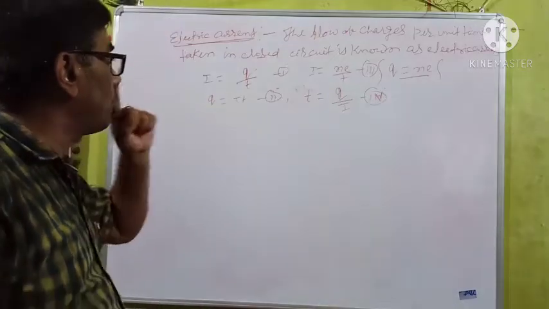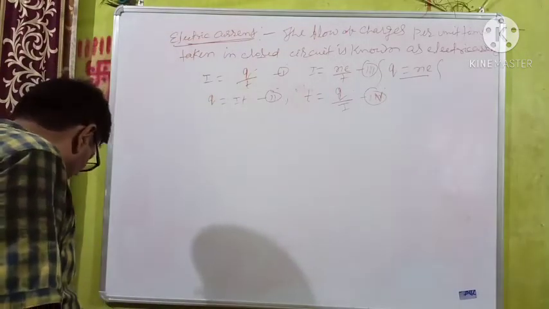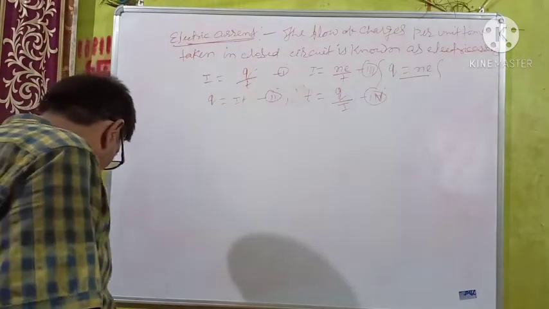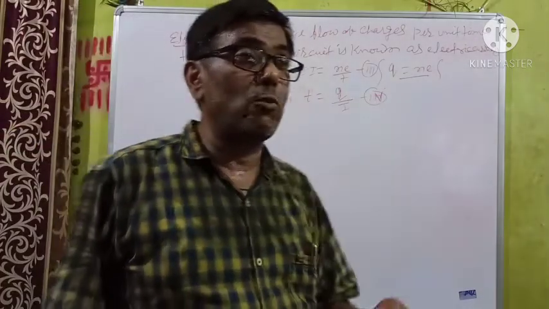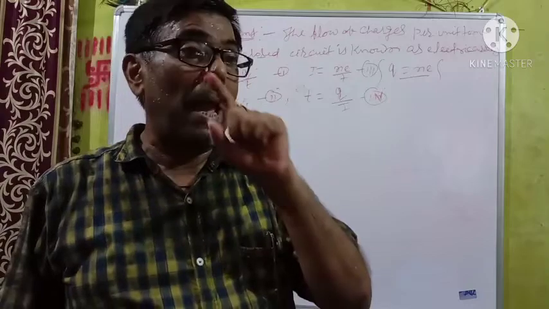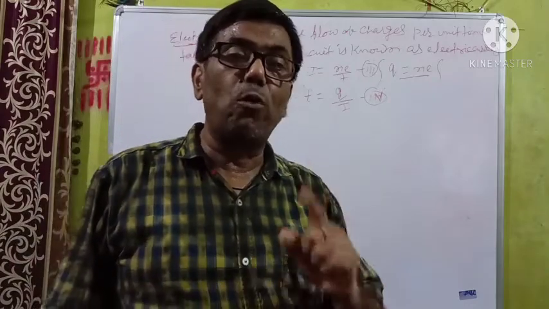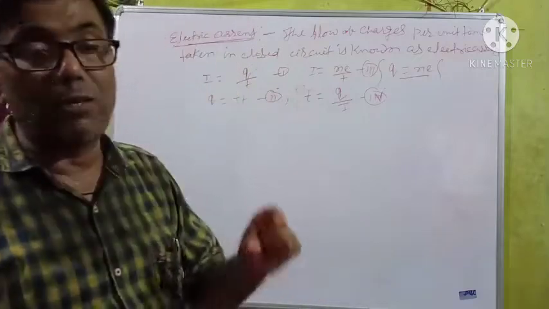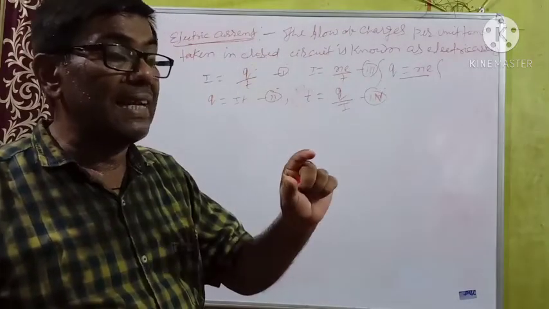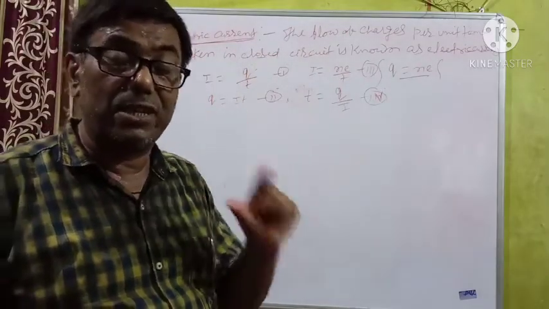This electric current is measured by an instrument known as the ammeter. Its full form is ampere meter. The ammeter in a closed circuit is connected in series combination.